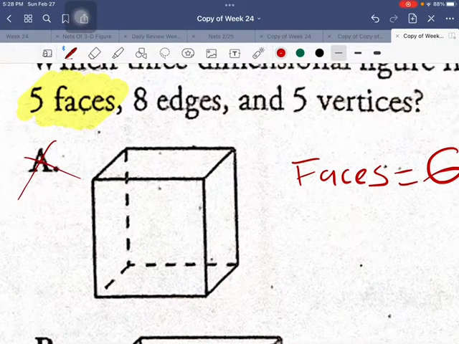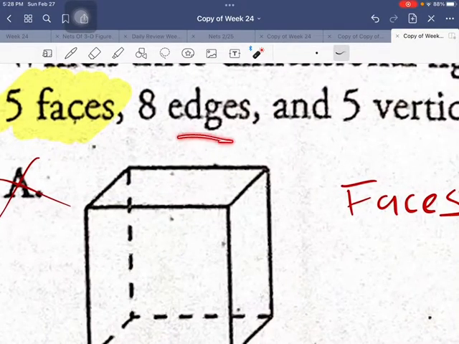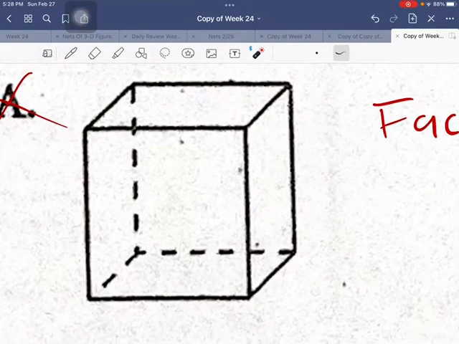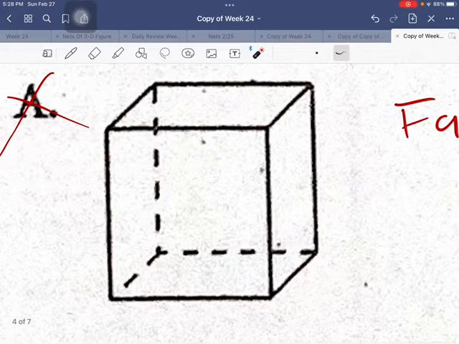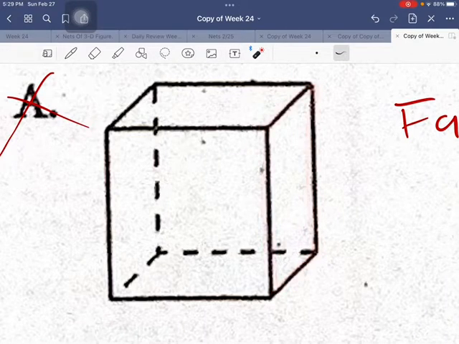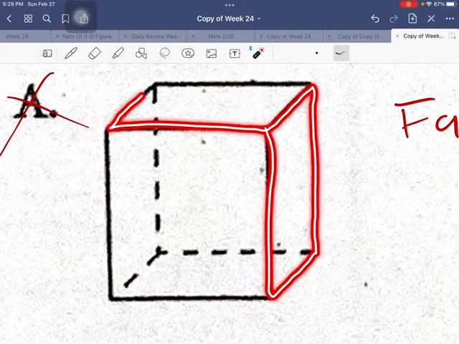But just to make sure we cover it completely, let's go over it. It says we want 8 edges. What are edges? ¿Qué quiere decir eso? What does that mean? Edges means the lines. How many lines does it have? Well, right here is 1, 2, 3, 4, 5, 6, 7.